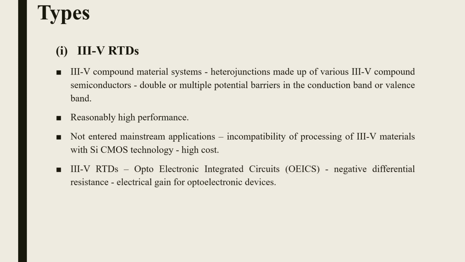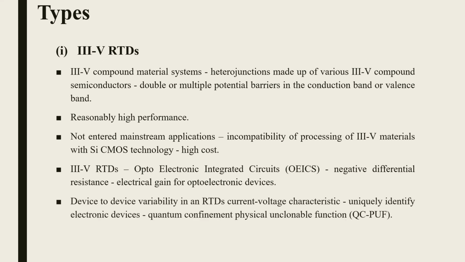Most of the semiconductor optoelectronics use 3-5 semiconductors, and so it is possible to combine 3-5 RTDs to make optoelectronic integrated circuits, abbreviated as OEICs, that use the negative differential resistance of the RTD to provide electrical gain for optoelectronic devices.